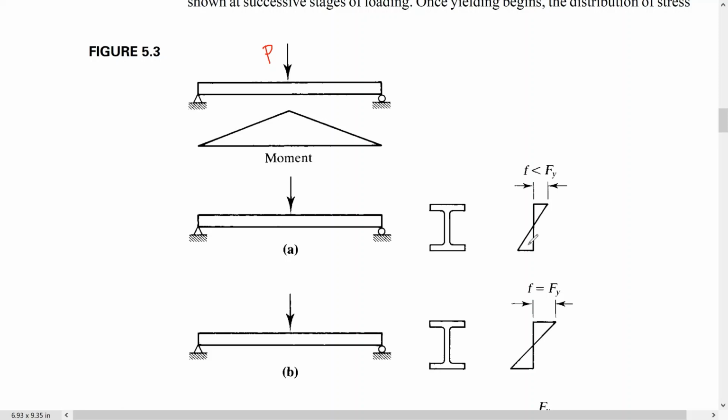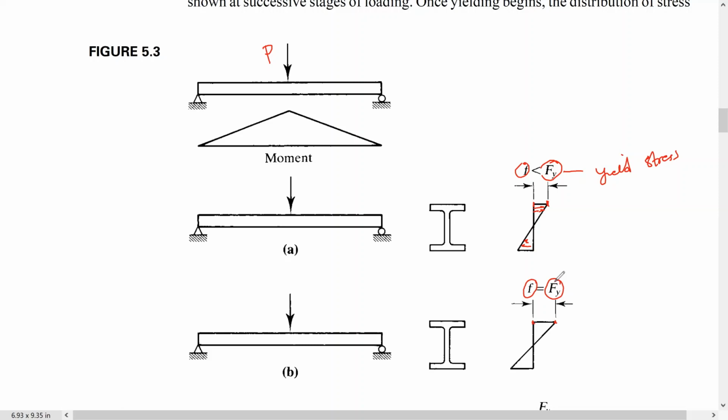This is tension and this is compression here, but the maximum value is still less than Fy, the yield stress, because we still have a very small load. If we keep increasing the load, at some point the maximum stress will be equal to the yield stress, as I just mentioned.